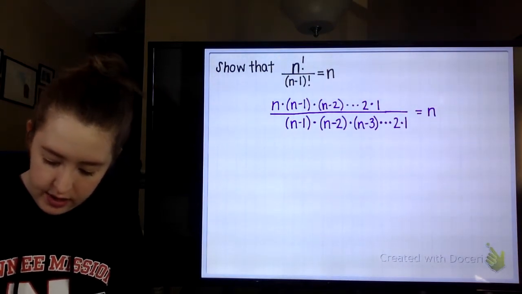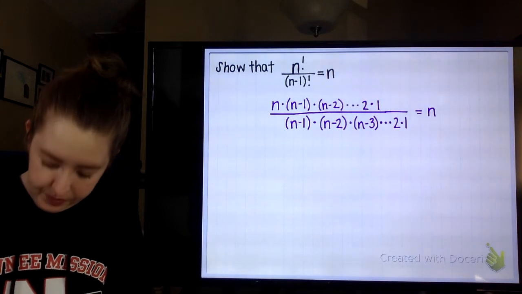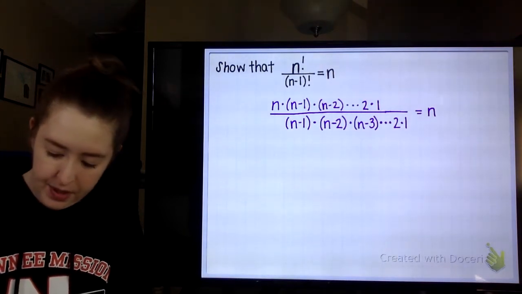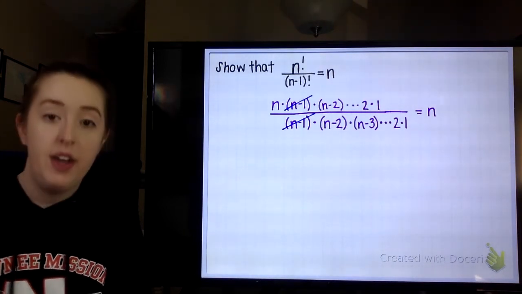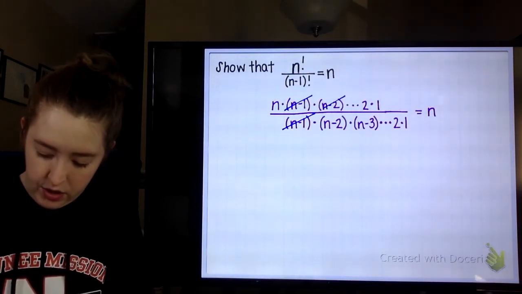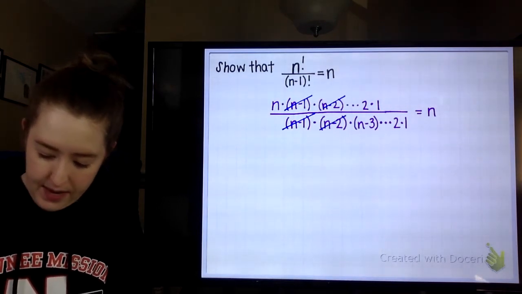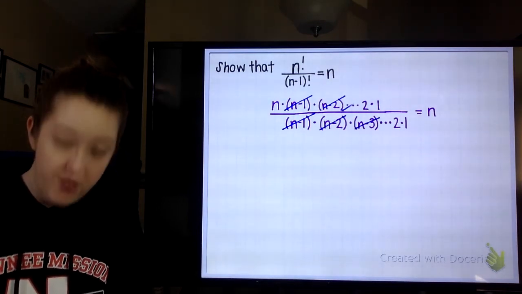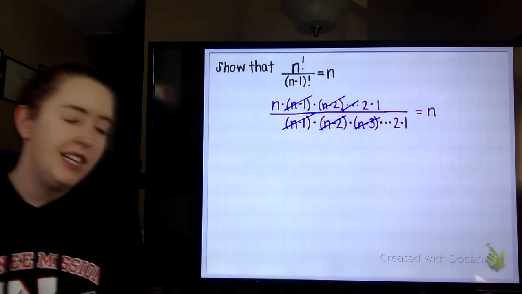So let's take a look. N minus 1 and n minus 1 cancel out. N minus 2 and n minus 2 cancel out, n minus 3 on the bottom, and there would have been an n minus 3 on the top, we just didn't write it.